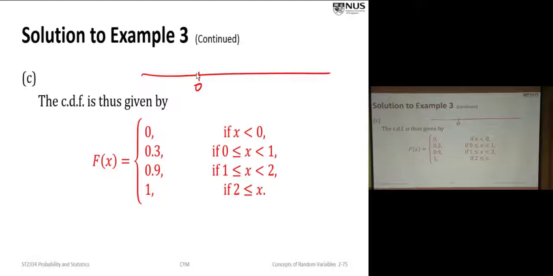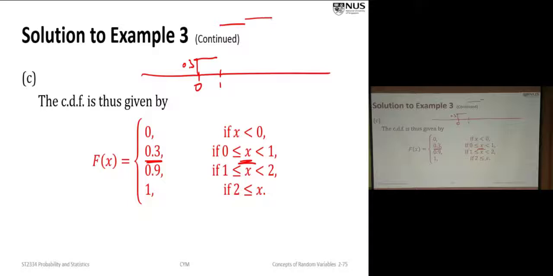But once we reach 0, we jump 0.3. So the CDF now is at this point. Then for x between 0 and 1, but less than 1, you do not collect any more probability, therefore it is flat. This means that for any value between 0 and 1, F(x) is 0.3, and so on.